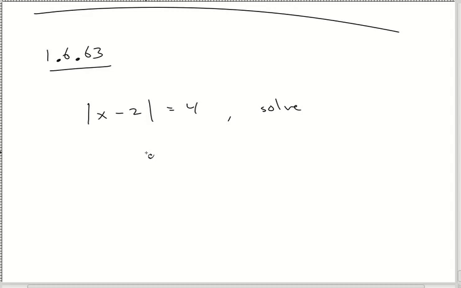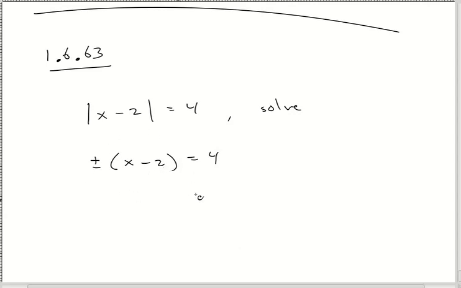So there's two ways. You can say wherever there's an absolute value, just remove it and put a plus and minus there instead. That's the easiest way to solve these problems. Right there. You had an absolute value, just change it to a plus and minus, and then just solve.